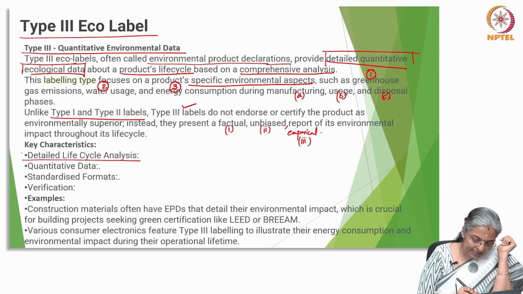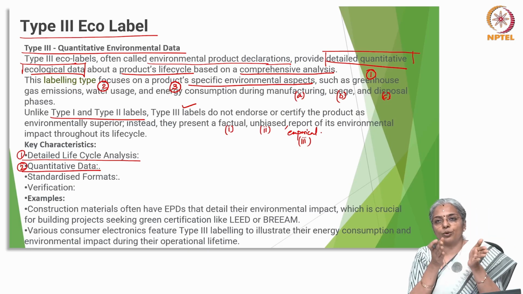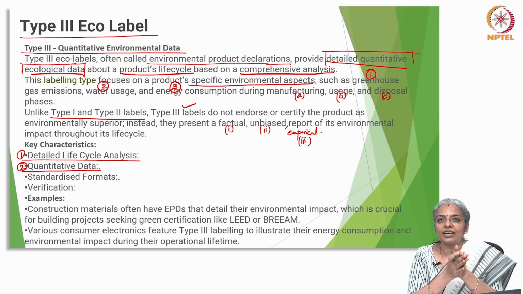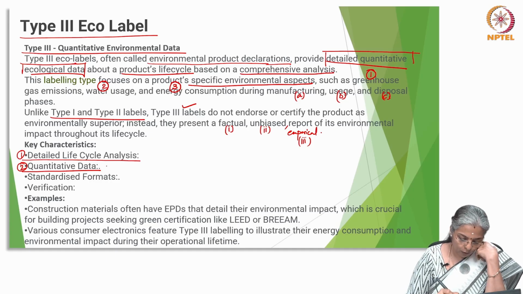The second is quantitative data. So, the information that you get from these labels is actually specific data on various environmental impacts. So, that could be what?